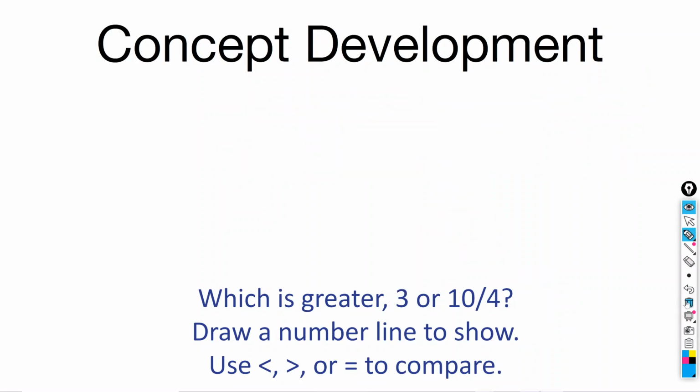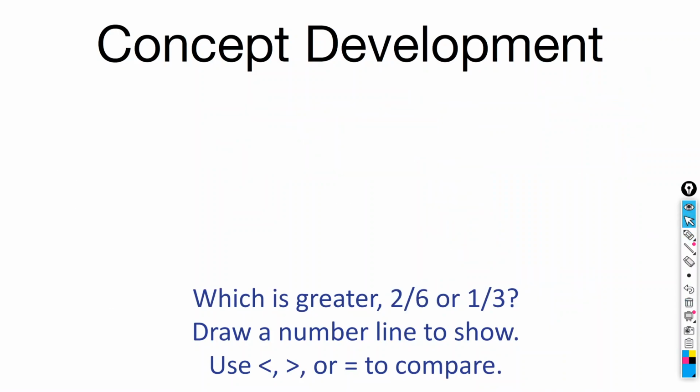Okay, now this is the part where if you have your whiteboard with you and you want to get it out, you can go along with me. So now we have new numbers. Same question, which is greater, 2/6 or 1/3? Draw a number line to show. So I'm going to start by drawing my number line.